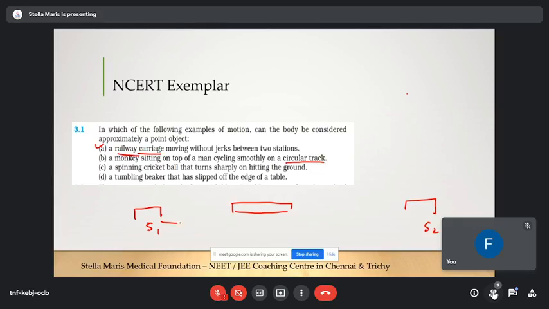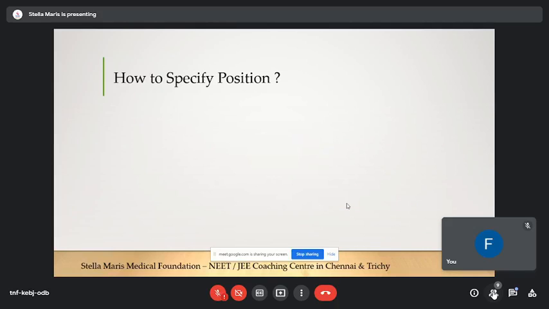Okay, so we are going to take a rectangular coordinate system consisting of three mutually perpendicular axes. The rectangular coordinate system will be like this.